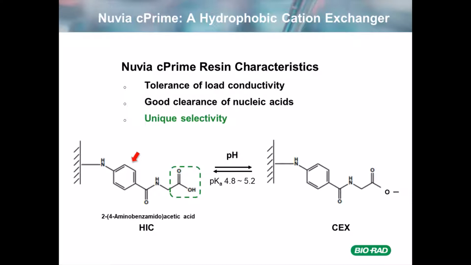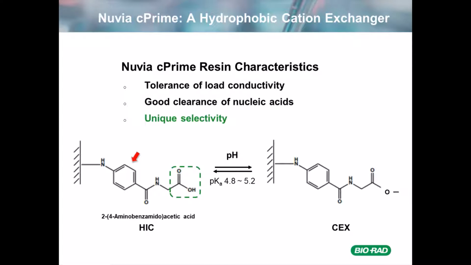The pH of a buffer can change the charge state of the ligand. If we perform the purification at a pH lower than the pKa of the ligand, such as around 4.8, we're actually dealing with a neutral ligand, and the resin behaves like a traditional hydrophobic interaction chromatography resin.